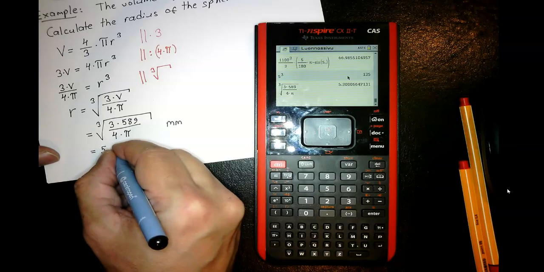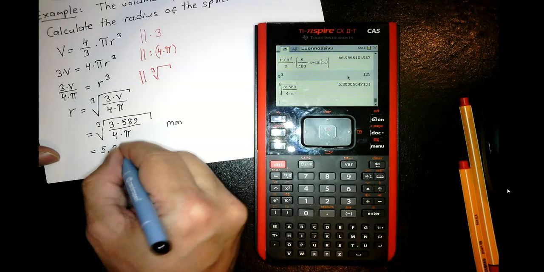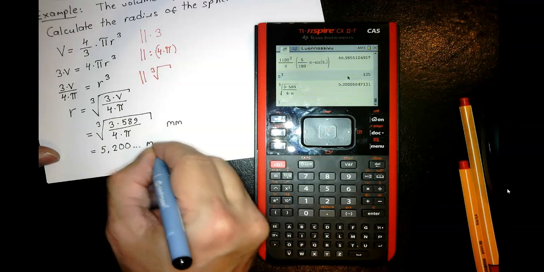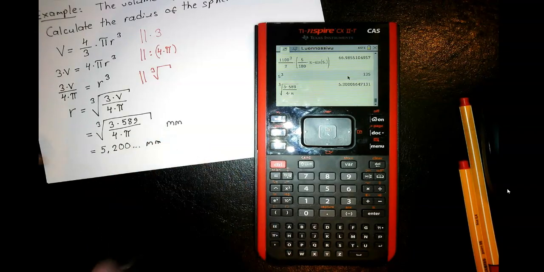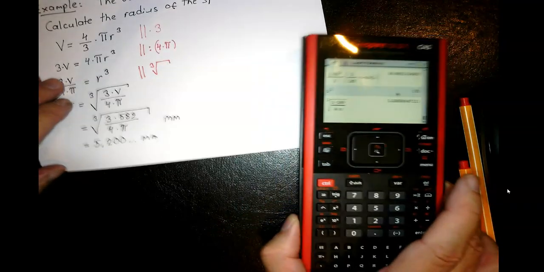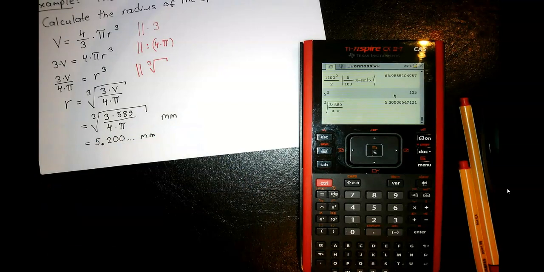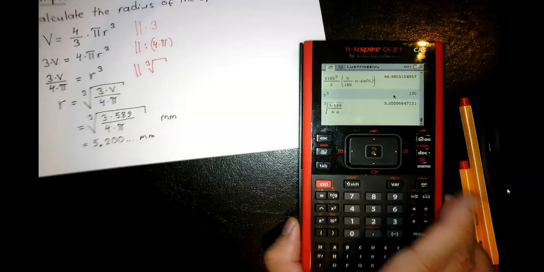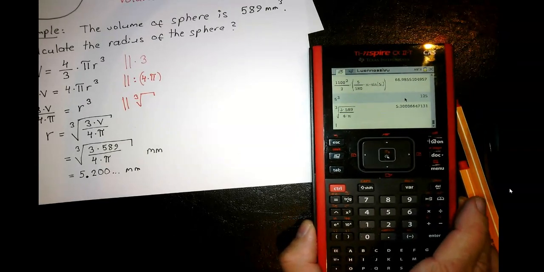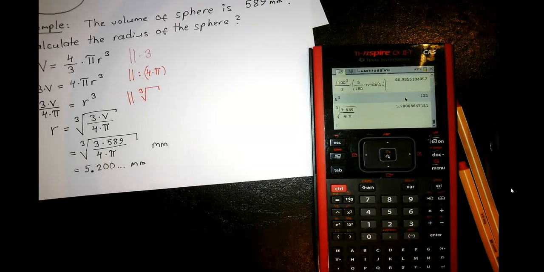Five times 5 point. Yes, quite small. So this is 5.2 millimeters. Actually, I'm somehow surprised.